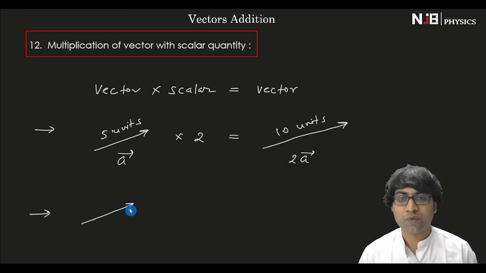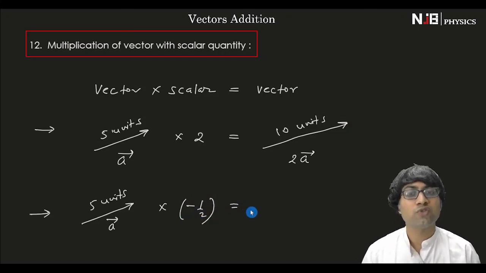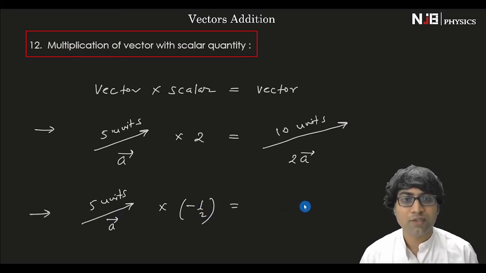If we have this vector quantity of 5 units, which is our a vector, and we multiply it by, let's say, minus 1 by 2, then because of the negative sign, the direction is going to be reversed, and because of the half, the magnitude of the vector will become half. Therefore the resultant will be in this direction and its magnitude will be 2.5 units, and it will be denoted by minus a vector by 2.